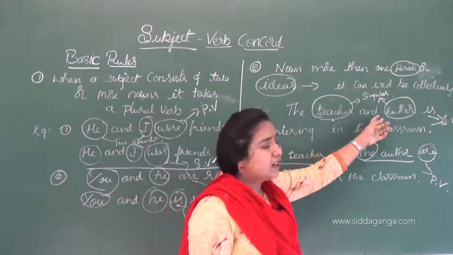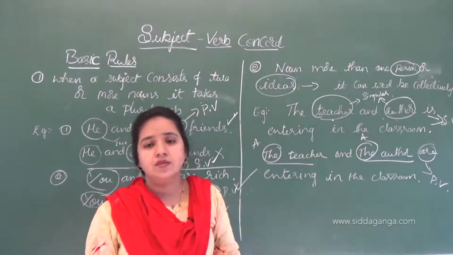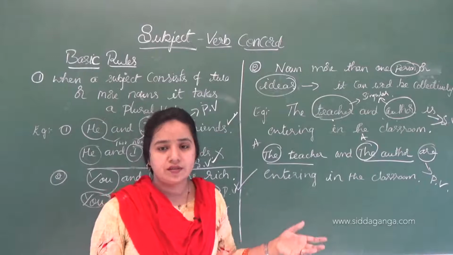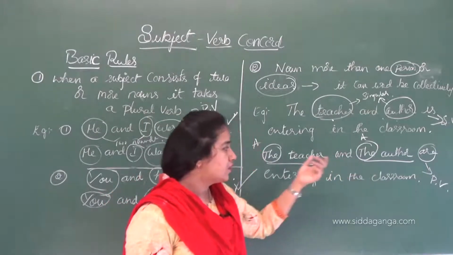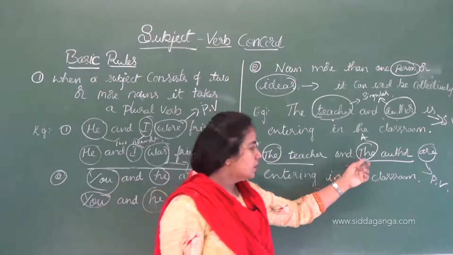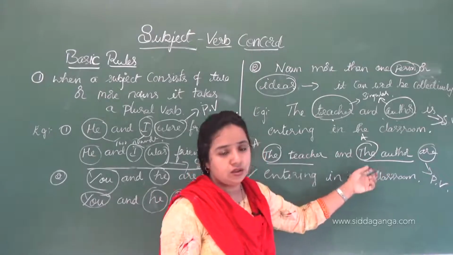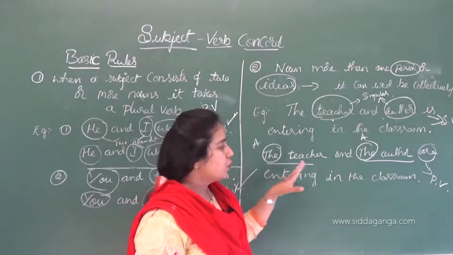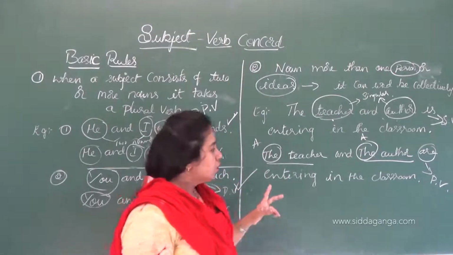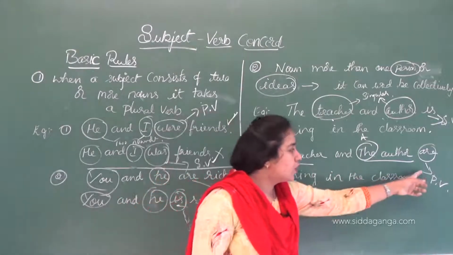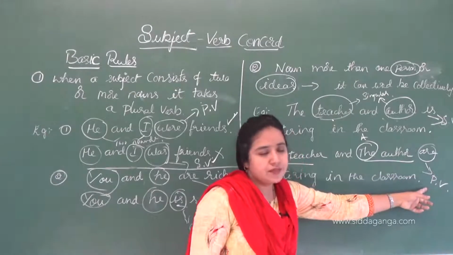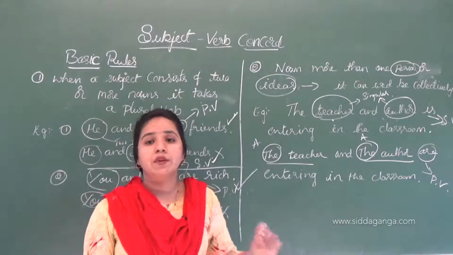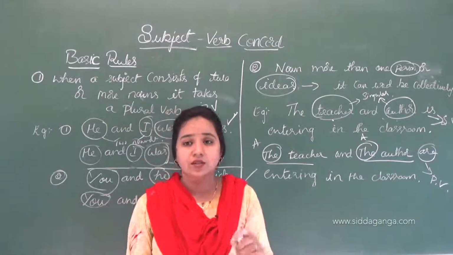If there is an article like a or an, it is about a different person. Here I have used "the teacher, the author", so the articles say about two persons, two nouns. So we use "are", a plural verb, as the helping verb, not a singular verb.